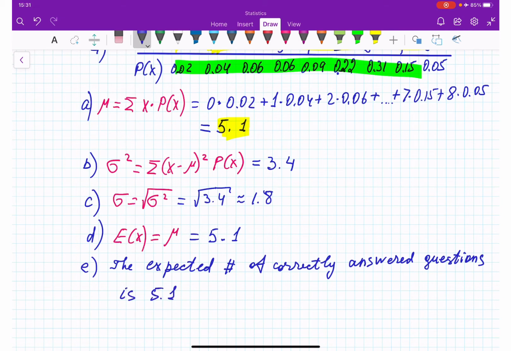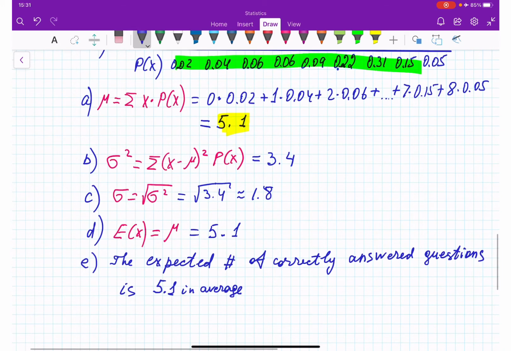Let me make this 5 nice looking so people can read. 5.1 on average. Okay, with standard deviation equal to 1.8 questions. Okay? Question number 5.